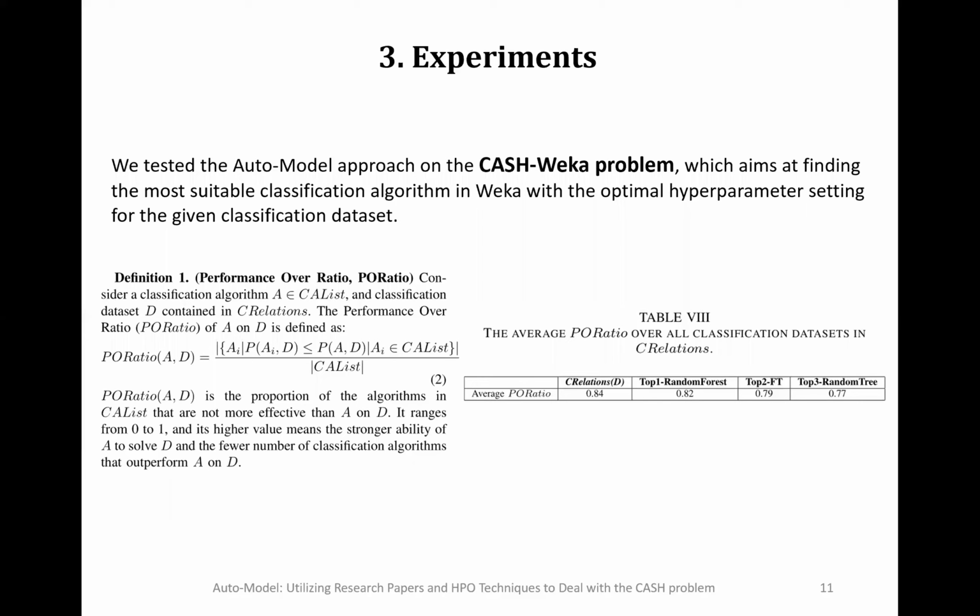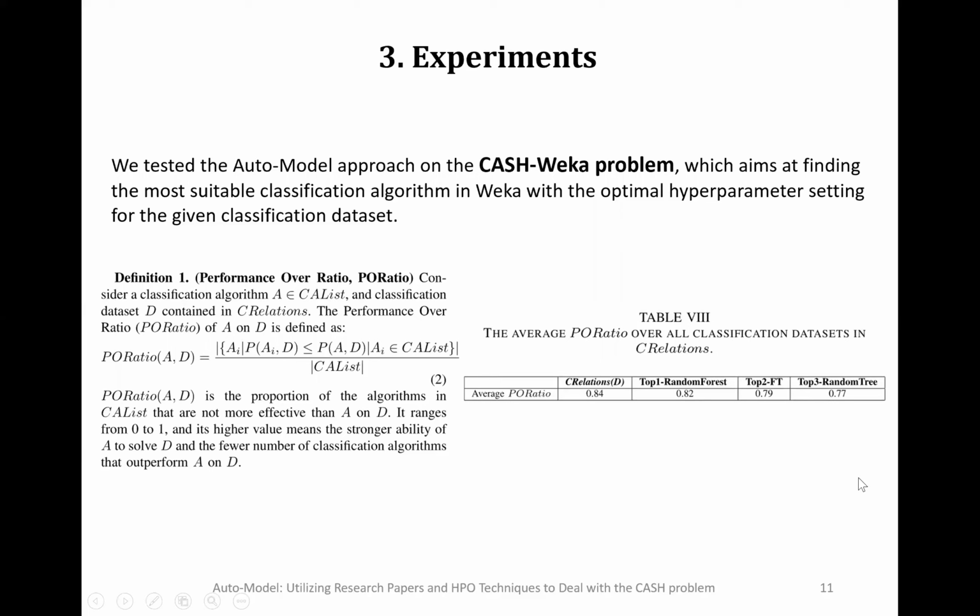The third one is the experiments part. We test the Automodel approach on the CASH Weka problem, which aims at finding the most suitable classification algorithm in Weka with the optimal hyperparameter setting for the given classification dataset. We examine the decision-making model that was obtained by us.